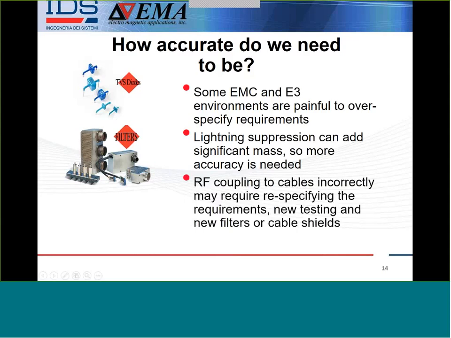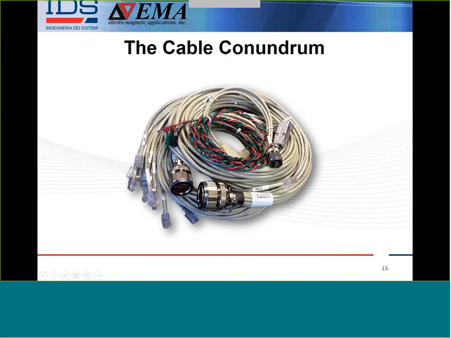But it's not just lightning. So RF coupling, if we poorly specify the transfer function, that's going to require new testing for COTS boxes. We may have to put new filters in or add cable shields, and that design cycle can add cost. It can add time to your program. So we need to be accurate.